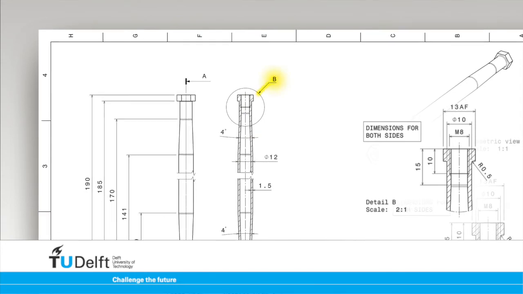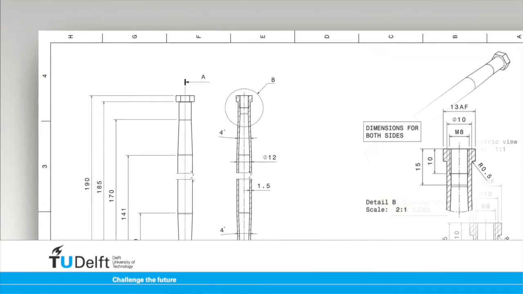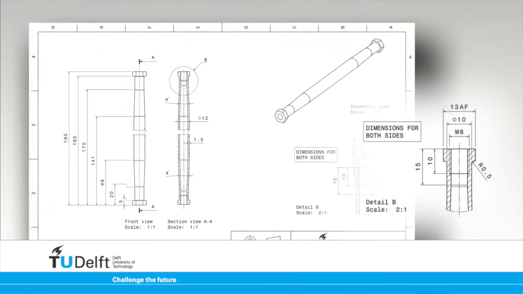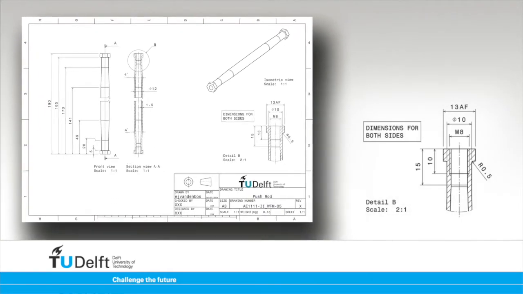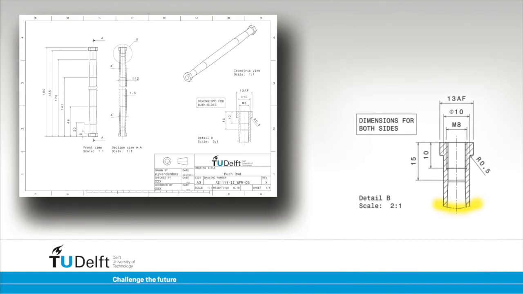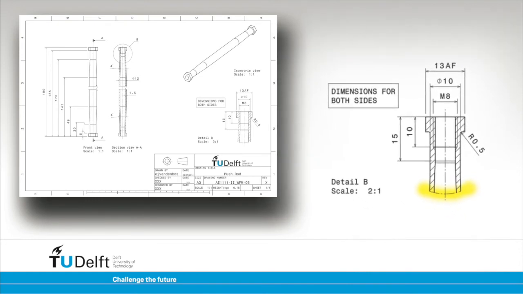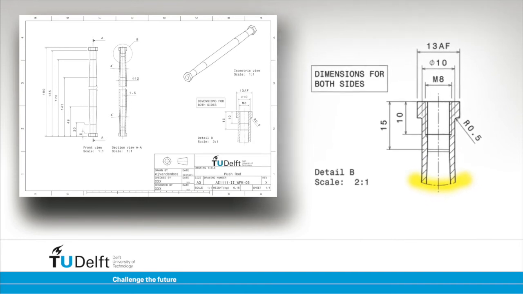A letter is present with a leader pointing to the geometric item. This letter is repeated at the detail view. The scale used to represent the detail is bigger than the origin view's scale, so all items are shown bigger. The limit of the detail view is the same geometrical item as the item used to indicate the position in the origin view, but instead of drawing the complete item, only the parts which intersect the shown object are drawn.